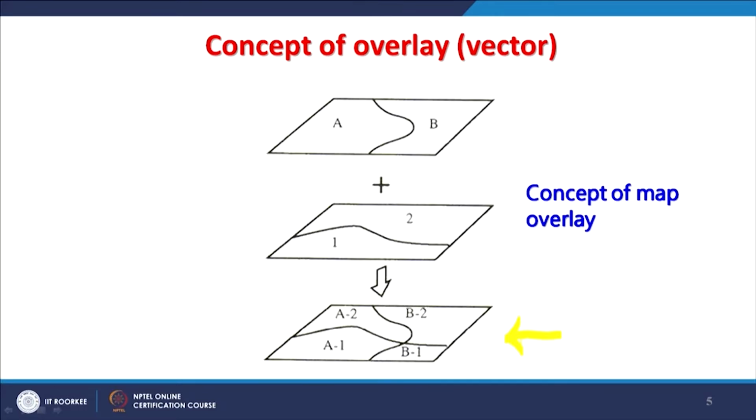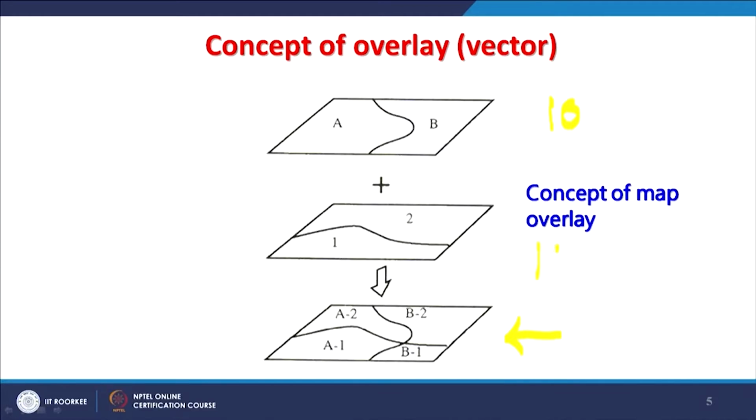Why I am discussing this is that in real GIS operations, each map, each layer may have tens of polygons. So, if I have say 10 polygons here and 10 polygons here, you may end up with even 100 polygons depending on the shape of the polygons. That map may become a little complicated.